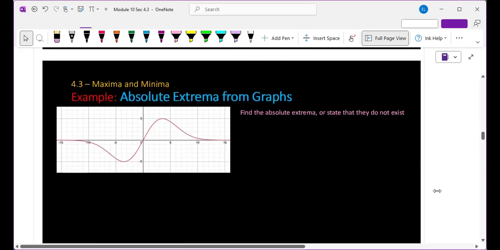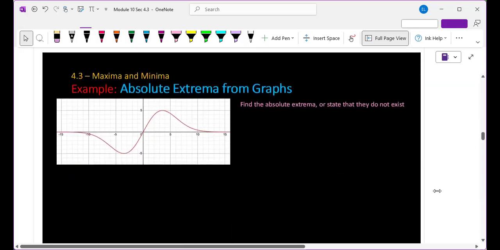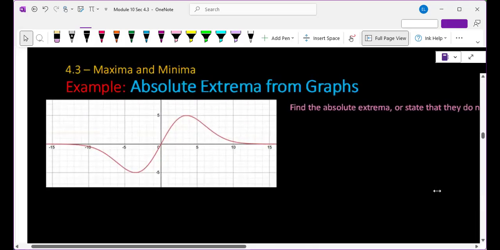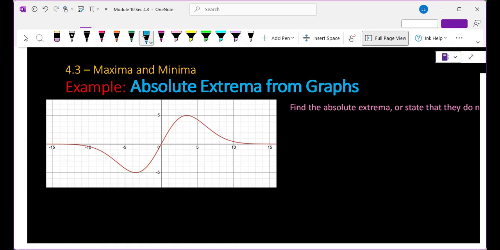All right, now we get another weird one. So hard to see exactly where the extrema occur, but it looks like somewhere in here we're getting up to a value of 5. And then somewhere down here, looks like we're hitting a -5.